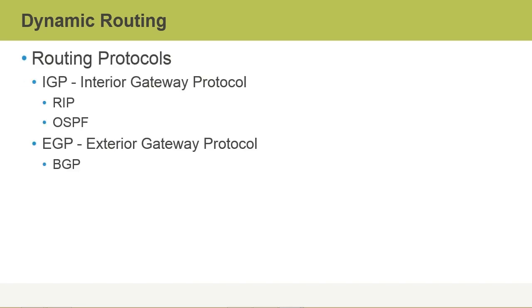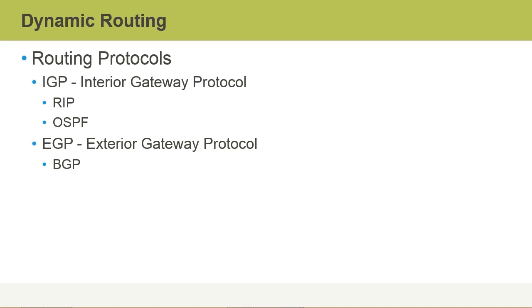As I mentioned, there are a number of different routing protocols responsible for updating these routing tables dynamically. They are divided into two major categories: interior gateway protocols and exterior gateway protocols. Interior gateway protocols are designed to work inside your network environment.